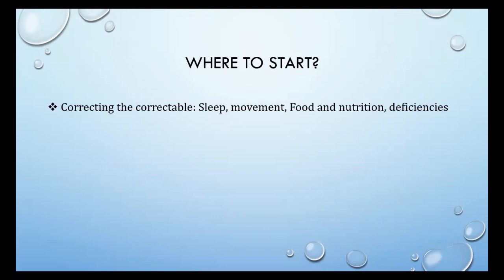Then, as I discussed, food and nutrition. When you talk about diet, there is a huge amount of controversy around every diet. But what I generally follow in my practice is what I'll tell you. Basic principles: first, not having processed food, foods that are made in factories.